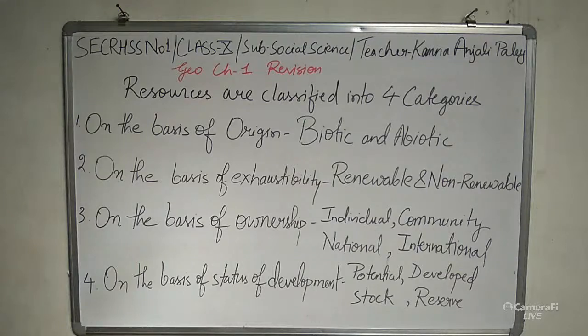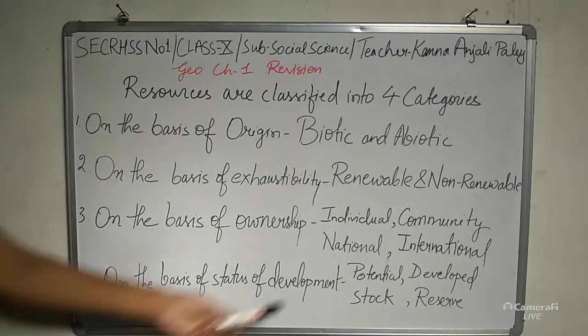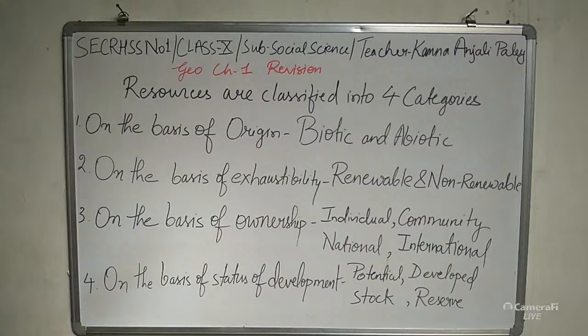Third one is national resources. National resources means the resources which are under the control of a government of a country, within the boundary of a country, and are used by the people of that country within the boundary. That is termed as national resources.